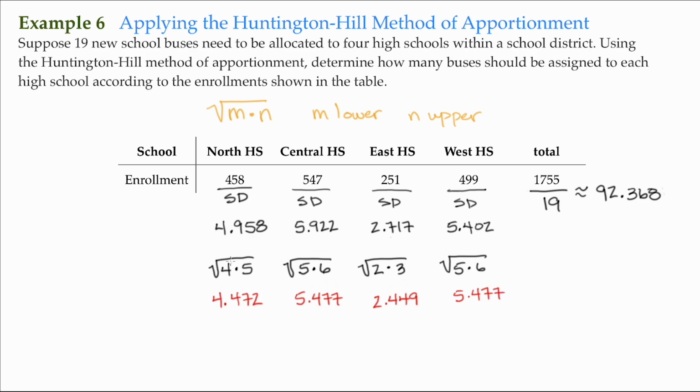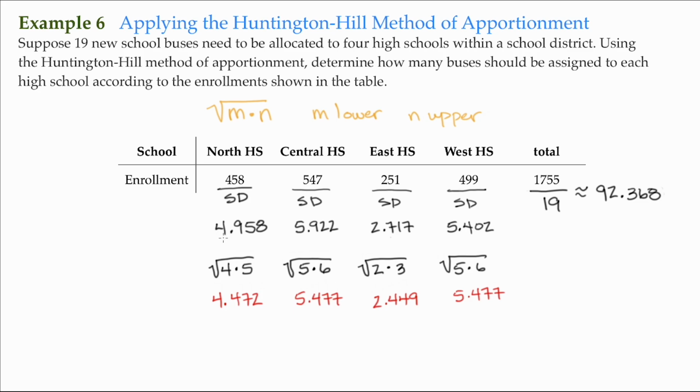Now the next step is we compare the standard quota for each subgroup to its geometric mean. If the standard quota is less than its geometric mean, then we round the standard quota down to the next integer. If the standard quota is greater than its geometric mean, then we round the standard quota up to the next integer.